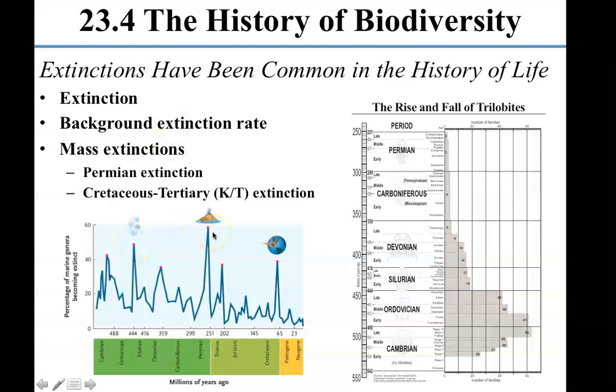This mass extinction event happened at the end of the Permian. This is the end of the Paleozoic era, which we'll talk about later. And this is thought to be due to widespread volcanic eruptions. These eruptions were from huge volcanoes in Siberia that spewed out lava.